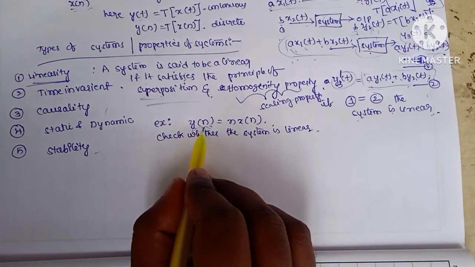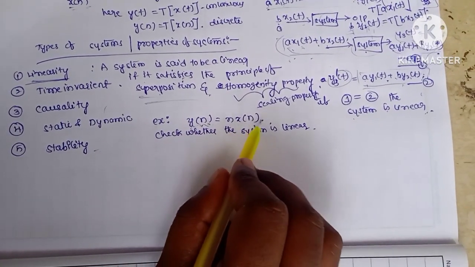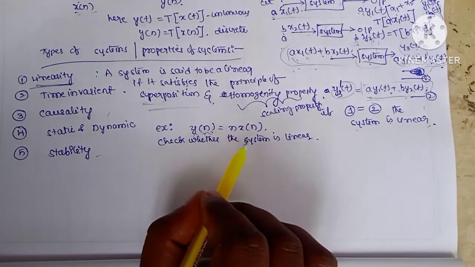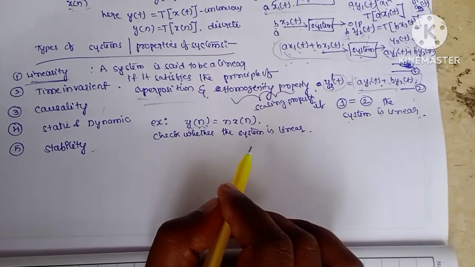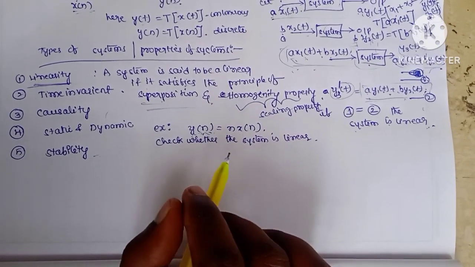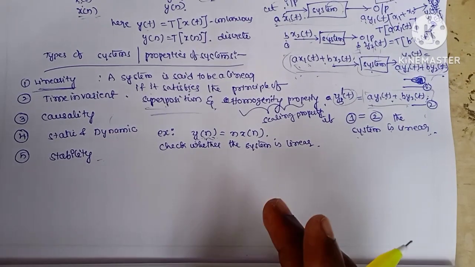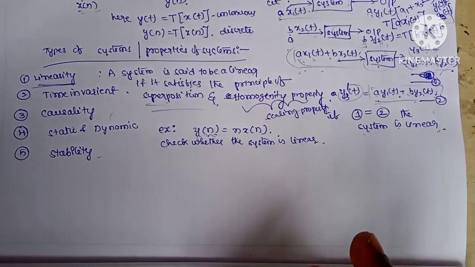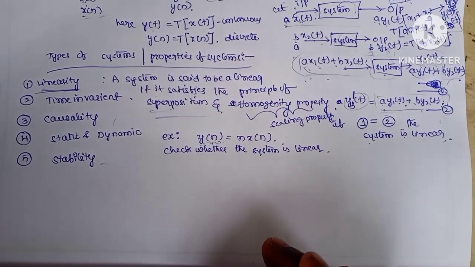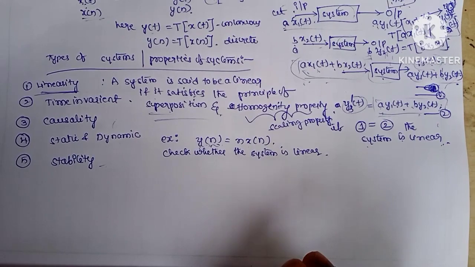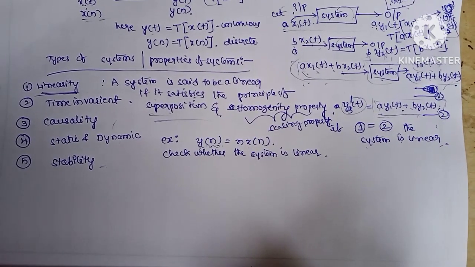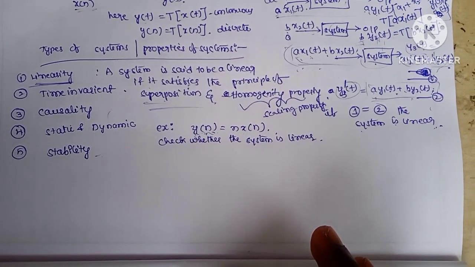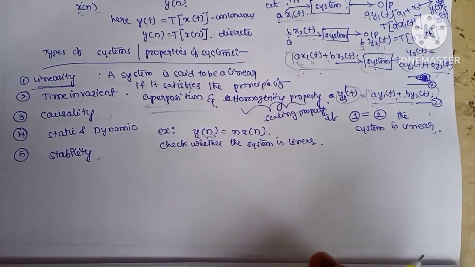So they gave y of n is equal to n x of n. What do we need to do to prove whether this system is linear or non-linear? We need two inputs. If we sum the inputs and pass them through the system, we will get one response. And we sum the individual responses, then compare whether they are equal or not. If they are equal, the system is linear; otherwise the system is non-linear.